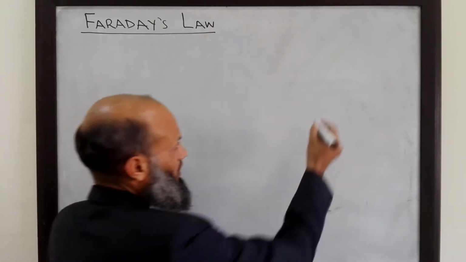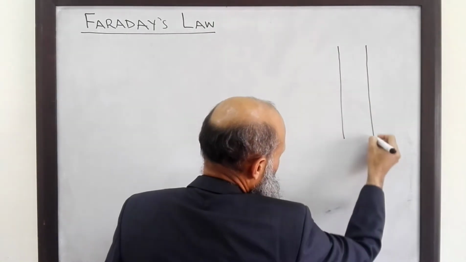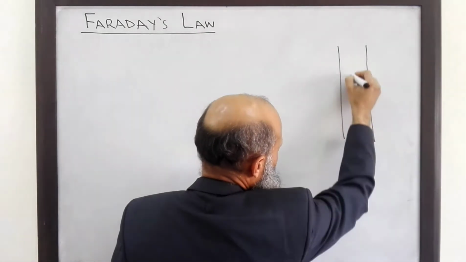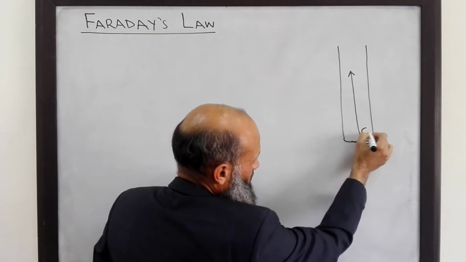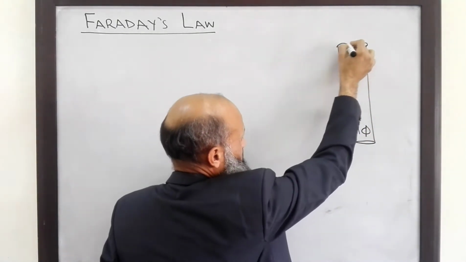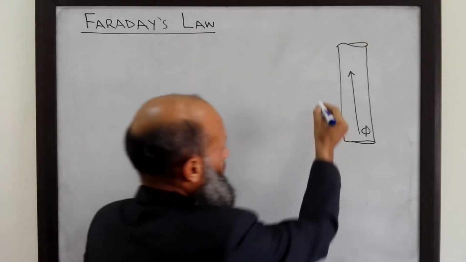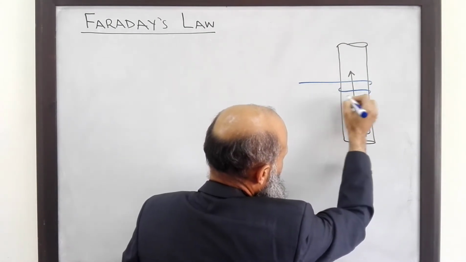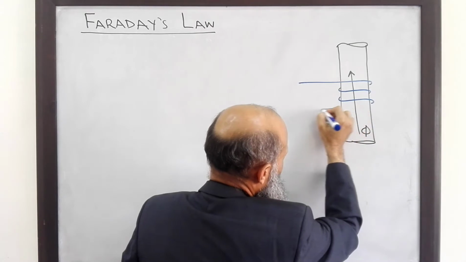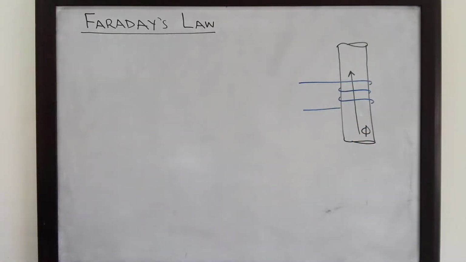That is, if you have a core of ferromagnetic material and some flux is passing through it, this flux may be due to some source of MMF connected to this core, and if you have a wire wound on it, then this flux passes through this turn of coil.